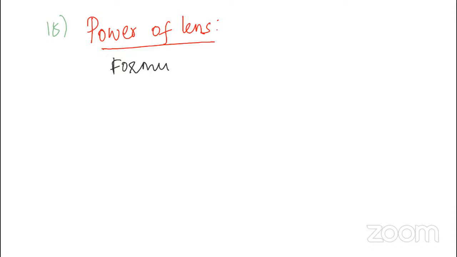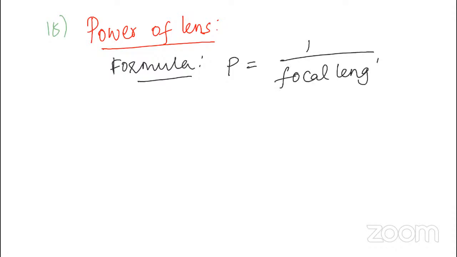Next one, power of lens. Now writing the formula, that is P is equal to 1 by focal length. Now tell me the dimensional formula for this.